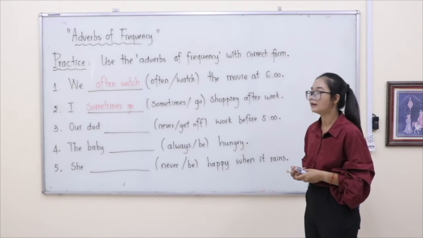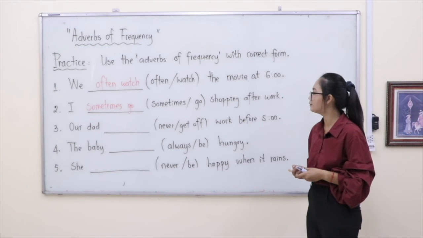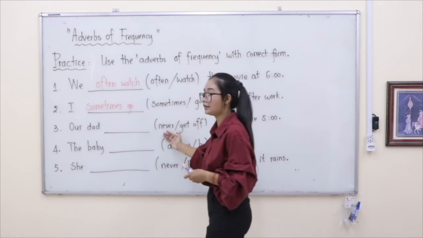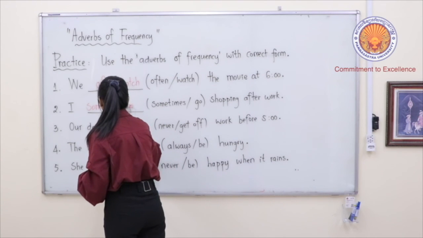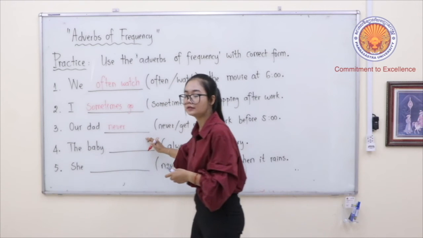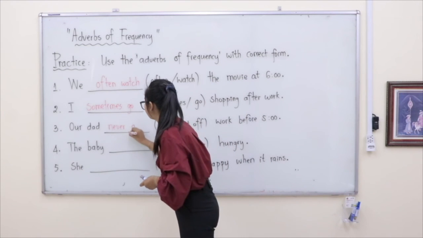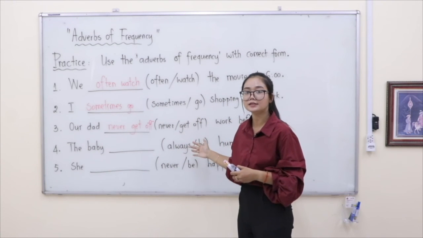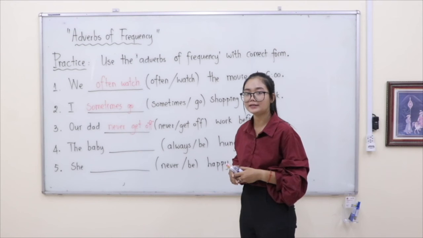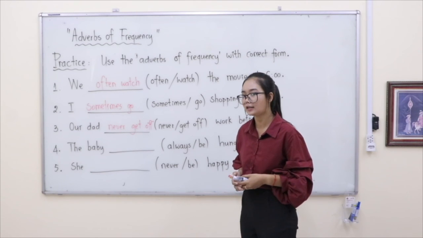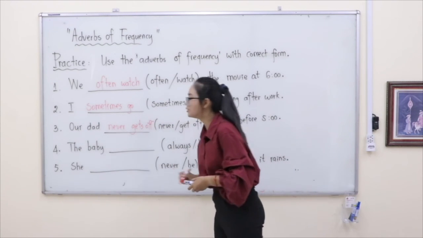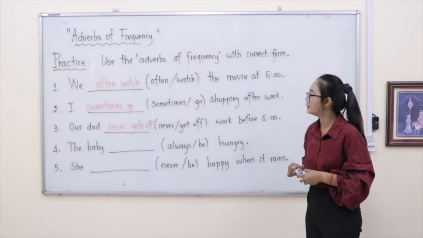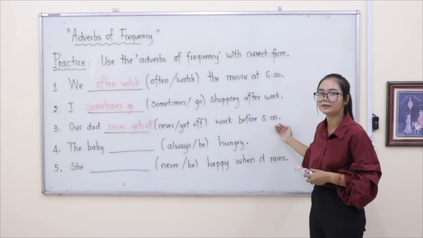Our dad blank never get off work before 5. So the answer is, we have the adverb never and the main verb get off. If you notice this, the subject is our dad, so it is the third person singular, like the subject he. So we add the letter S to the main verb, gets. So the answer is, our dad never gets off work before 5.